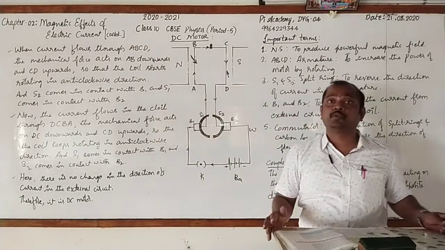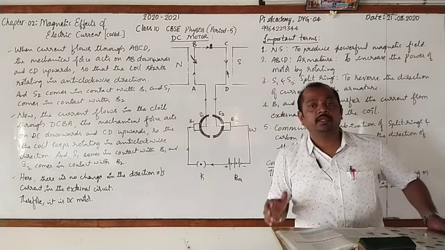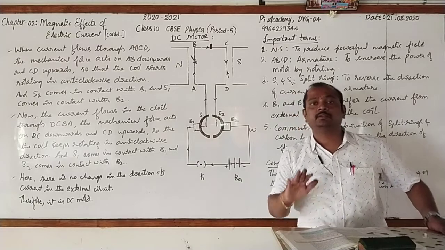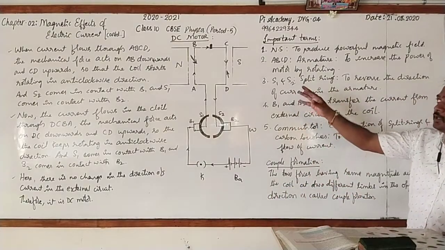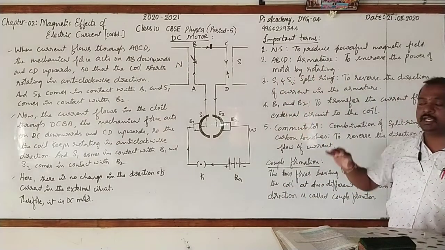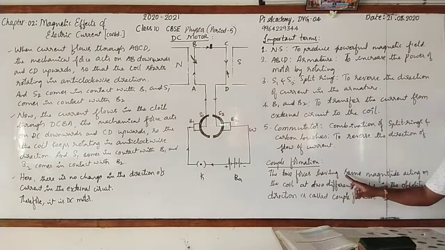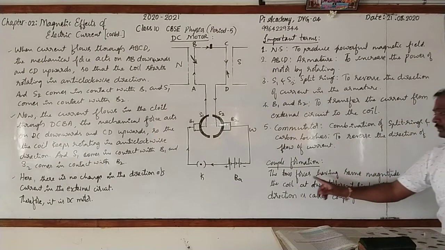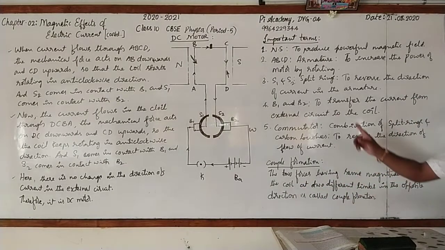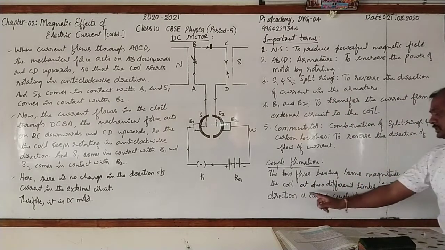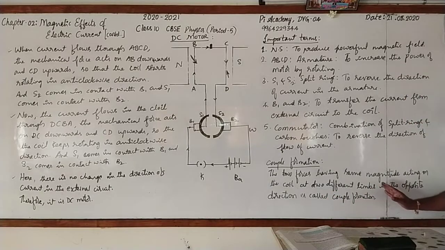These two forces have equal magnitude, and as a result the coil starts rotating. This is known as couple formation. The two forces of the same magnitude acting on the coil at two different limbs in opposite directions is called couple formation. Followed? Yes, please go for copying this also.